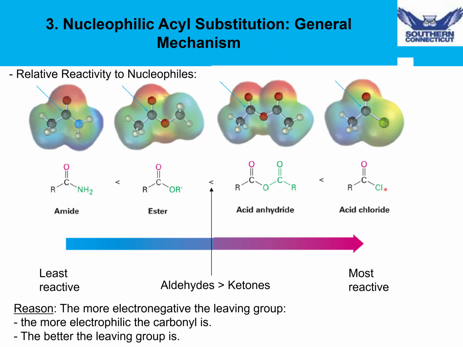Chlorine and bromine also are fairly electronegative, so they make for great leaving groups. And there are a few other reasons. Sometimes we use the explanation that the nitrogen, for example, can resonance stabilize into this carbonyl, so it makes that bond really strong. There are many reasons we use to explain the trend we see here.